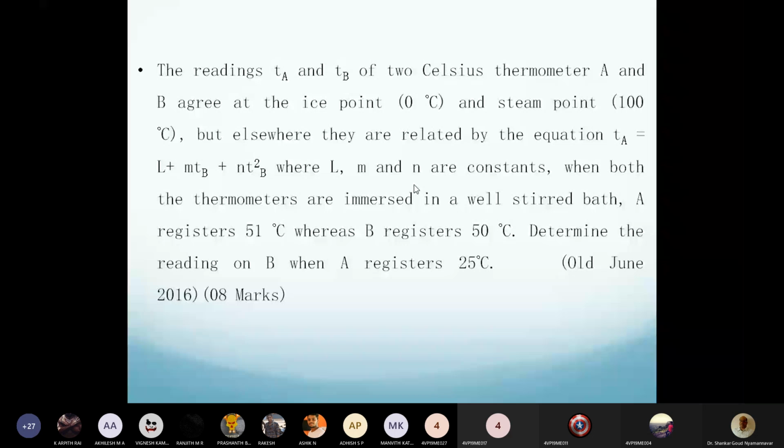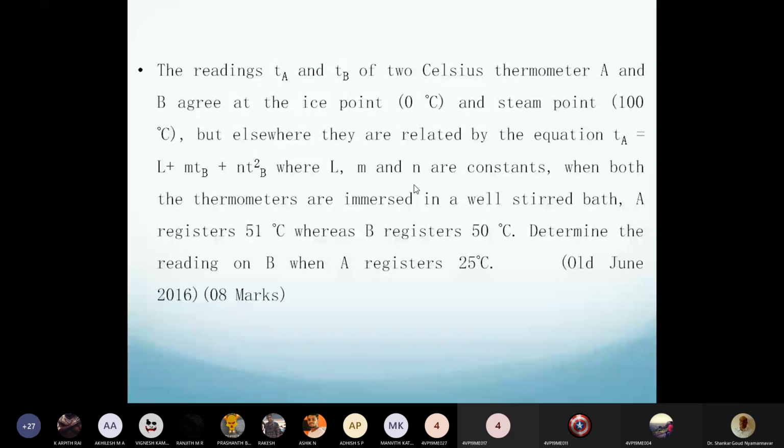Then the third point: substitute when TA is 51, TB is 50 degrees Celsius. So left side is 51, equal to L, which is already 0, so ignore that term. M into TB is 50, plus N into 50 square, right? Clear?